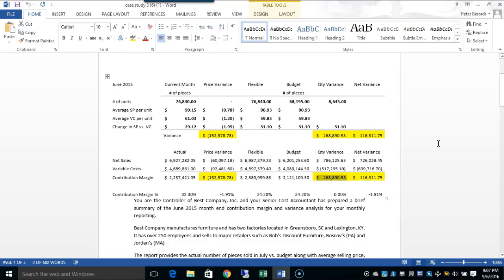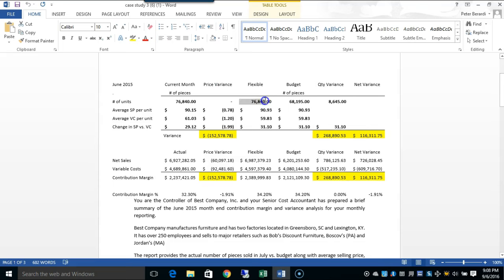You have to know how to calculate your price variance: actual price minus standard or budgeted price times the actual quantity. And you have to know your quantity variance, which is actual quantity minus the budgeted quantity times the budgeted or standard price for each line item: the sales, the variable cost, the contribution margin. That's basically how these are calculated.